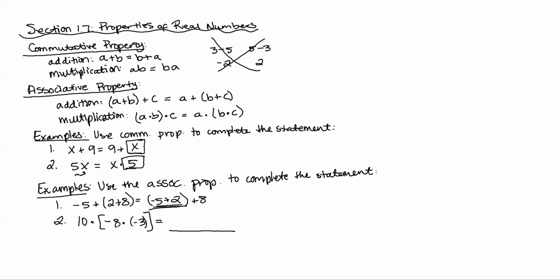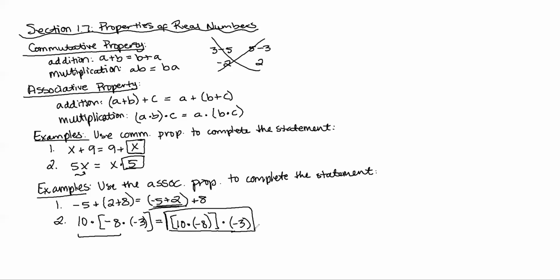These brackets have to move over to our first group. So we're going to have brackets 10 times parentheses -8, and I'm putting those parentheses around the -8 so we don't have multiplication right next to a negative sign, and the brackets times parentheses -3. So this entire thing was our answer for this one.